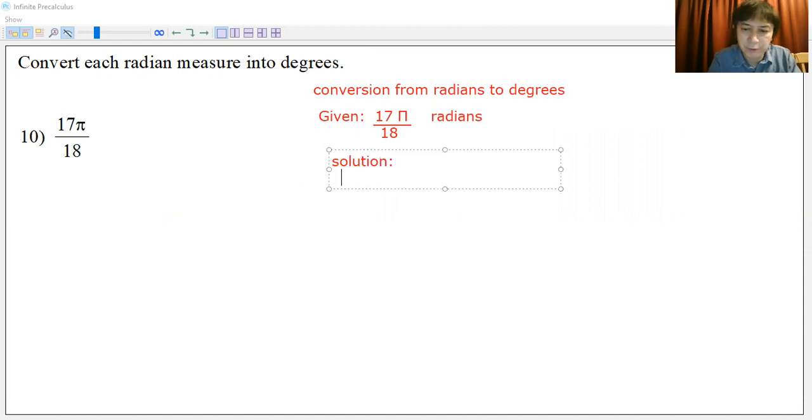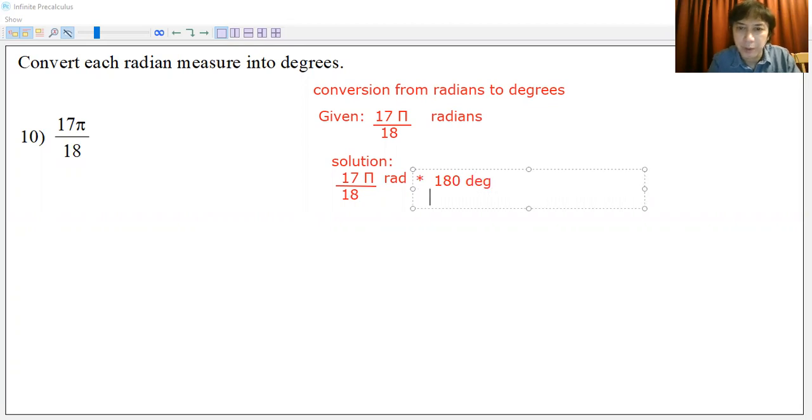We have 17 pi over 18. This is in radians, okay? This is the given. Our conversion factor will be multiplied, so this is times 180 degrees per pi radians.